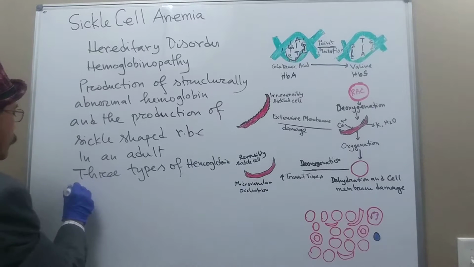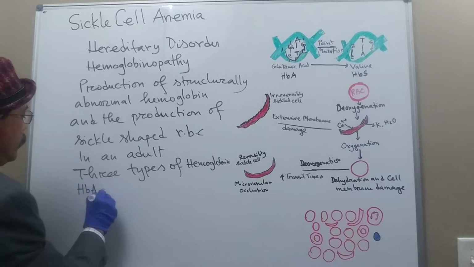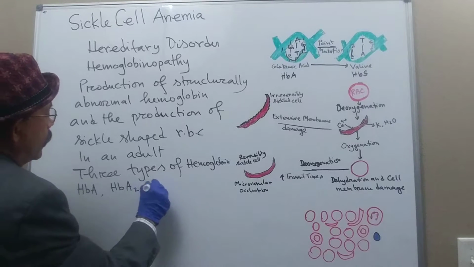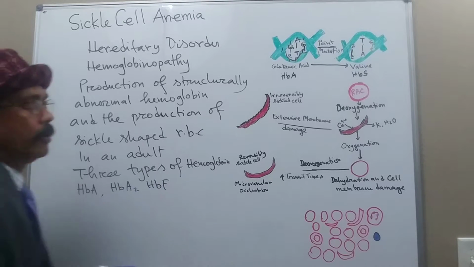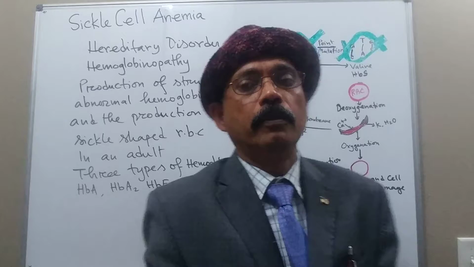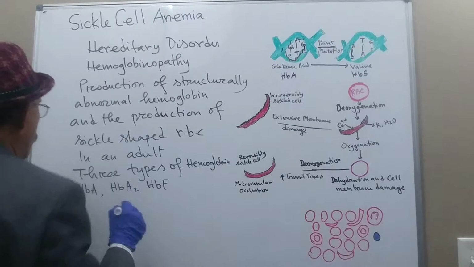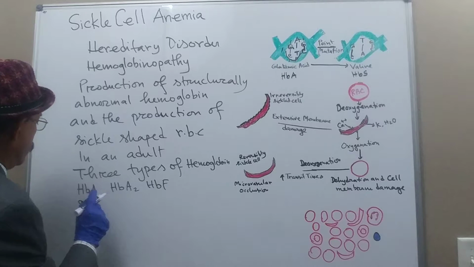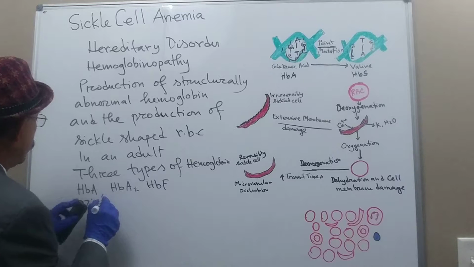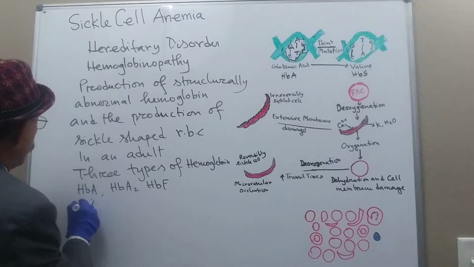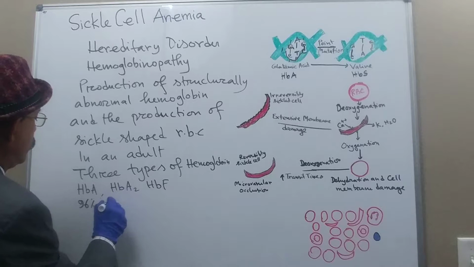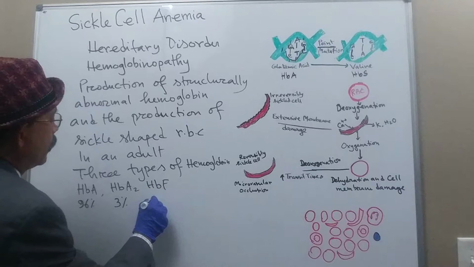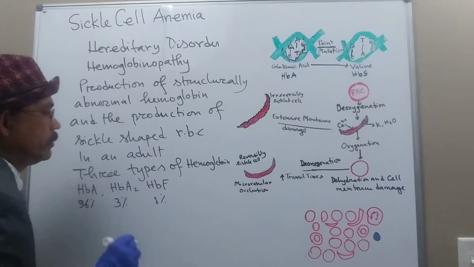One is hemoglobin A, another is hemoglobin A2, and another type is hemoglobin F. Hemoglobin A is around 96 or 97%, hemoglobin A2 is 3%, and hemoglobin F is 1% in an adult.